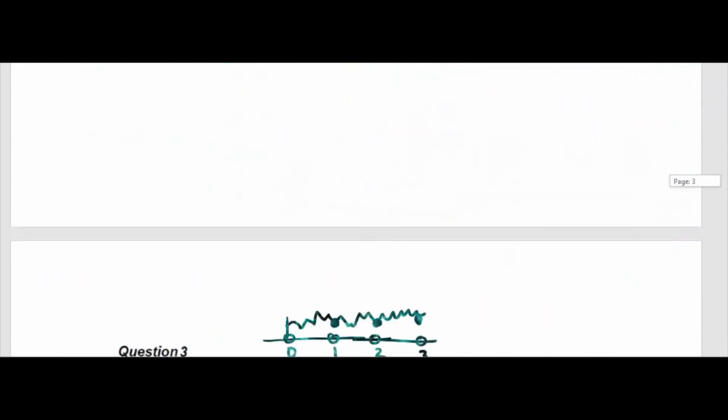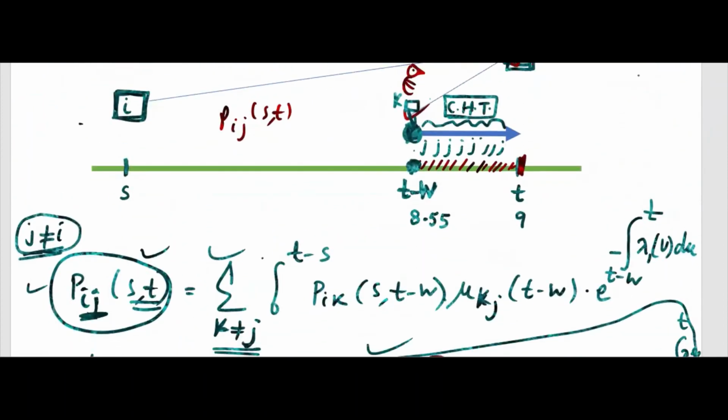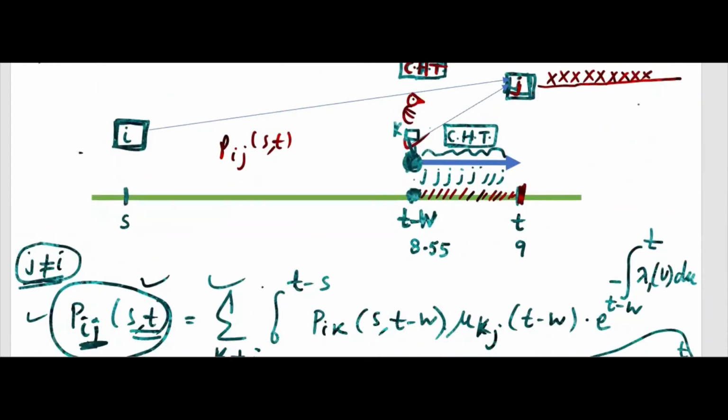Here what is the symbol, where is the diagram? Yeah, T we used, right? T minus W to T. So when you write this here, how many expressions are here? 1, 2, 3. And when you write, this is from 0 to T minus S, okay? We talk about this one.